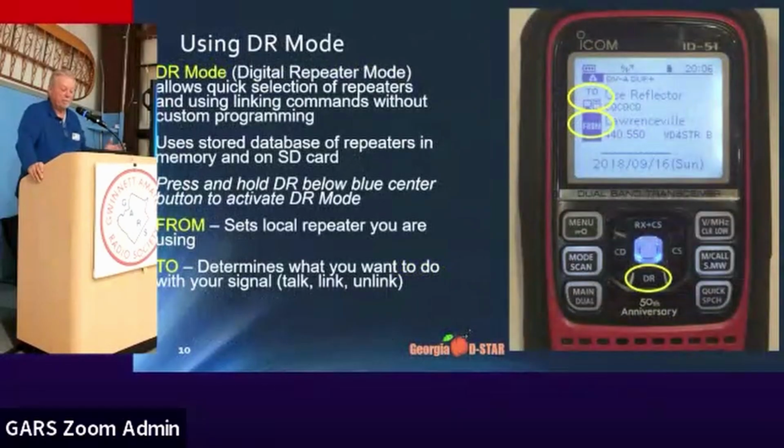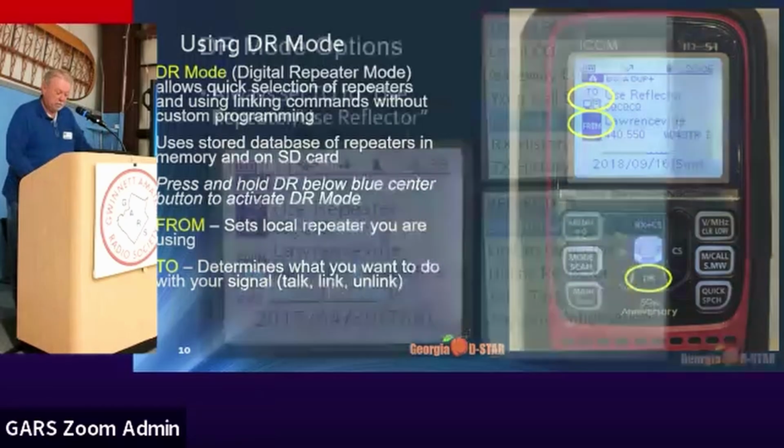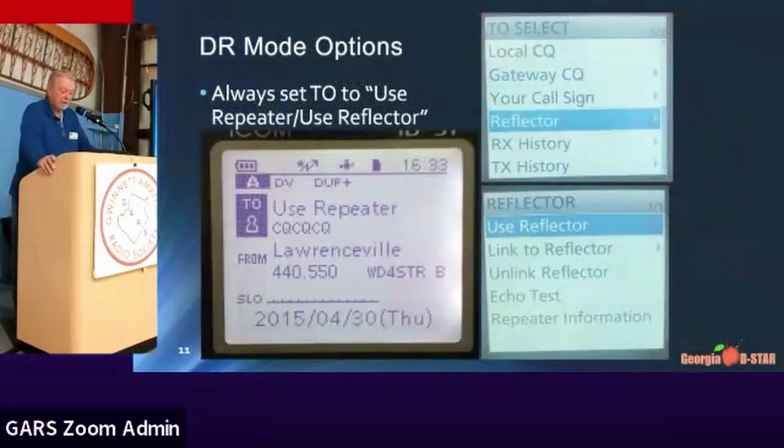So again, just to repeat, looking at this, once I go in DR mode, on From, I can go through the list of repeaters. Now I can hit From again, and it will give me a screen like this where I can select something else. I can select reflector.